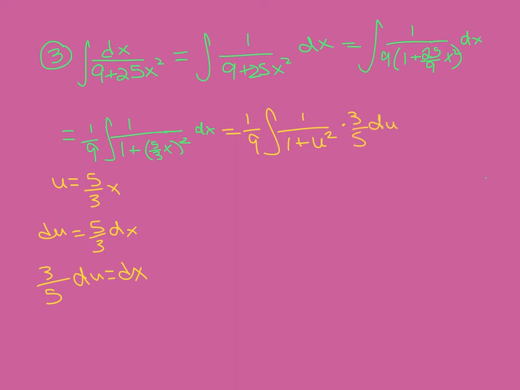If I pull that 3/5 out front, I end up now having 1/15 times the integral of 1/1 plus u squared du. That is an arctangent, and I end up getting 1/15 inverse tan or arctan of 5/3 x. I plugged the u back in, plus c.